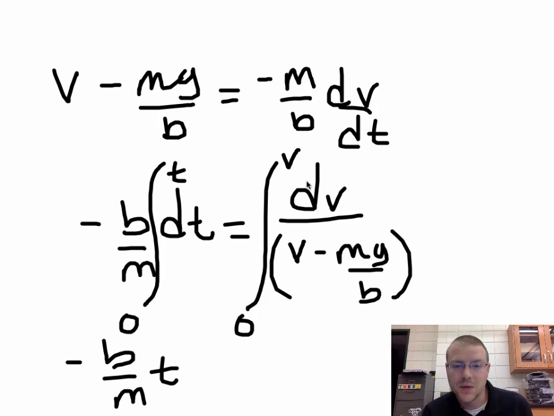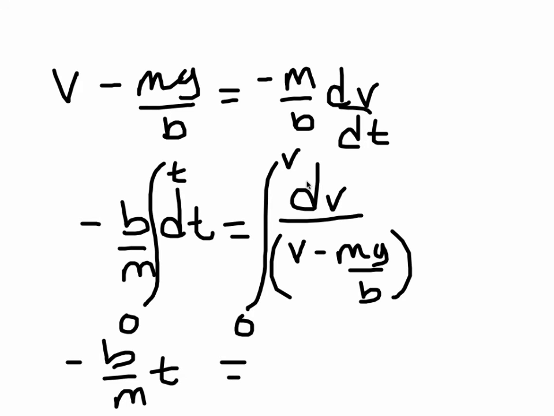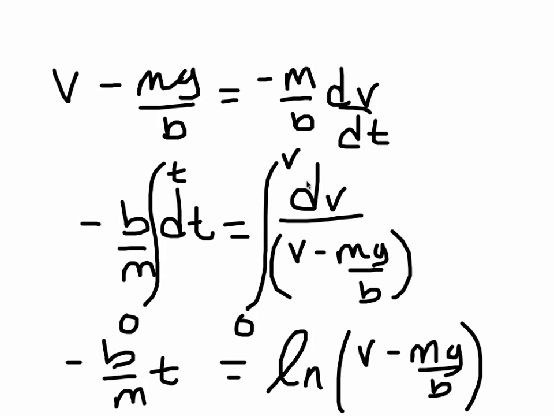On the other side, we've got dv over v minus a constant. If you look at that function, technically you have a 1 over x scenario for your integration, and 1 over x becomes the natural log of x. So this side of the formula should become the natural log of that function, and we're going to evaluate that between those two bounds.